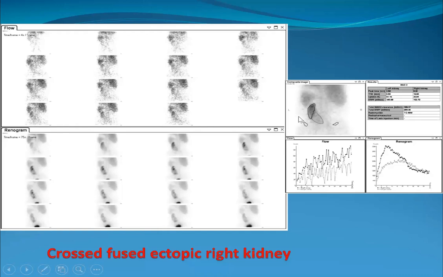We take a region of interest here for the left kidney, this is one, and another region of interest for the crossed ectopic right kidney. And these are the curves of the left and the curves of the crossed ectopic right.